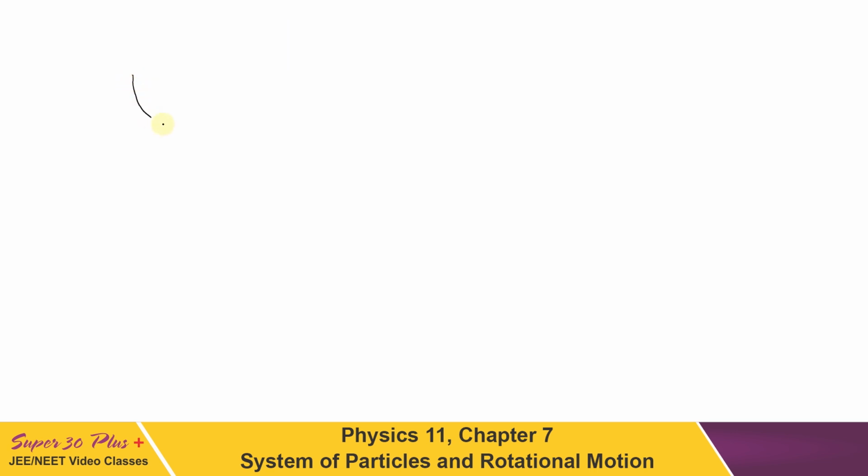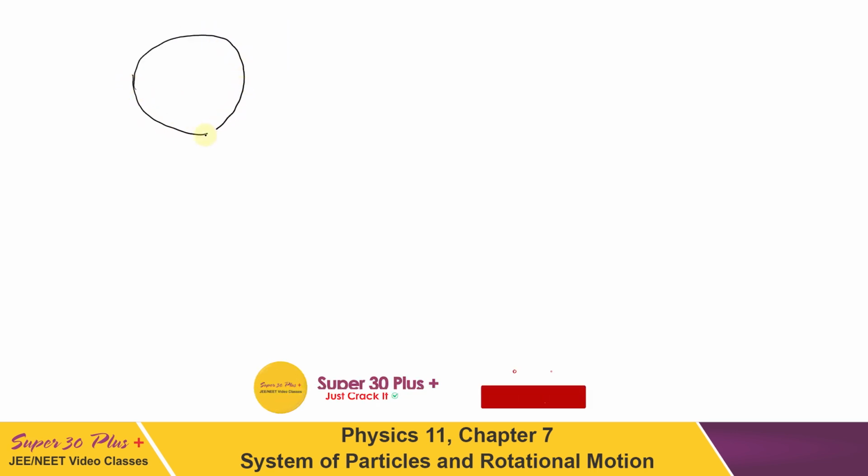Let us first consider the given disc for which inner and outer radii are provided. Now let us consider one elemental ring which is having radius r and thickness dr. So the mass of this elemental ring, dm, can be written as mass per unit area into area of this elemental ring.